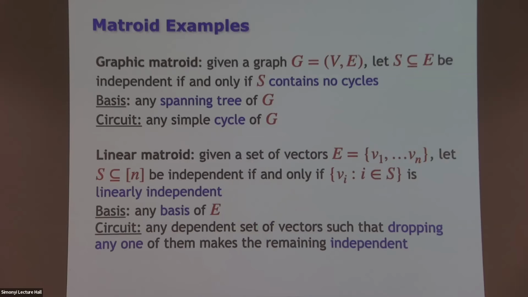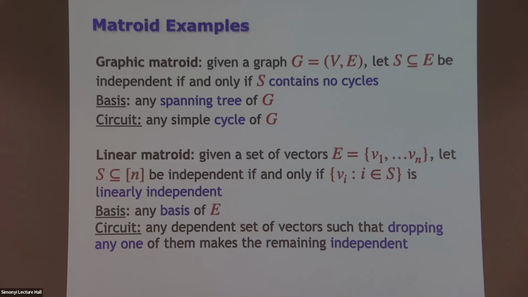Again, in a linear matroid, you can look at these analogous notions. What is a basis in a linear matroid? Well, it's a maximal set of linearly independent vectors. That you just call a basis anyway, so it's very easy to understand. A circuit is maybe a little bit less well studied.